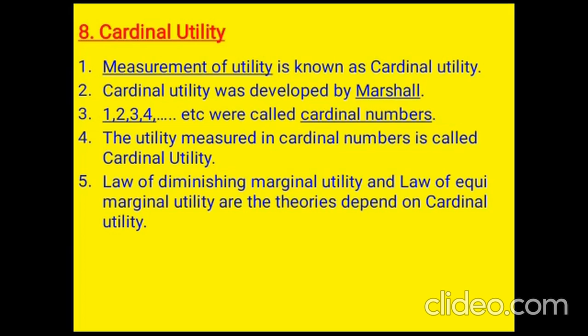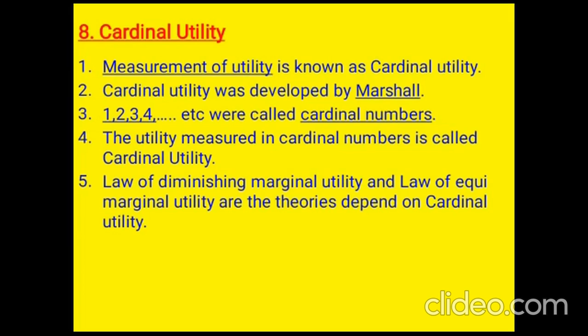The law of diminishing marginal utility means the law of decreasing additional utility, and the law of equimarginal utility. I think you are all familiar with these laws. But briefly, in the law of equimarginal utility, the consumer attains equilibrium when the marginal utility of his last rupees becomes equal.